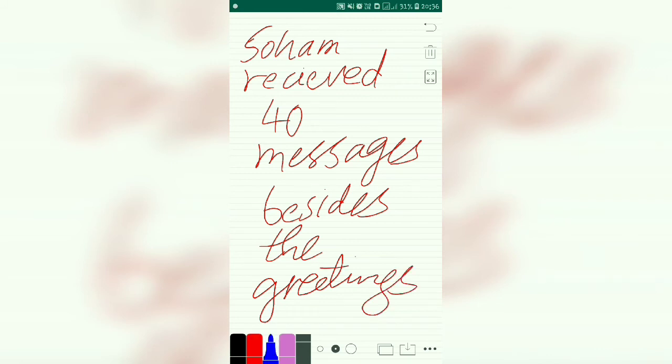This will be the final answer. You can underline the answer also.